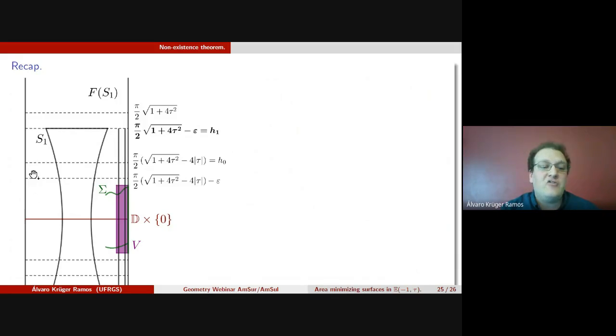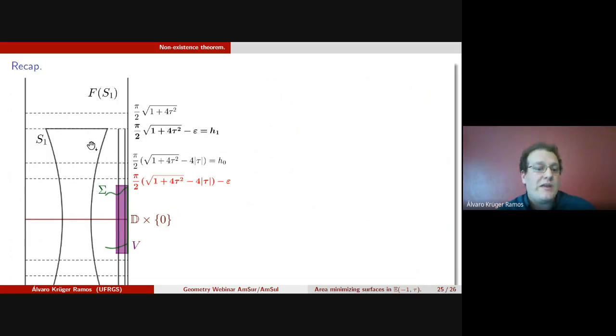When you have an isometry of H2 cross R, it comes from an isometry of H2, and the height function is preserved. But this is no longer true in E-1 tau. So you need to have control where this boundary goes, because it's up here in the original area minimizing surface, but when you translate, it changes the height.